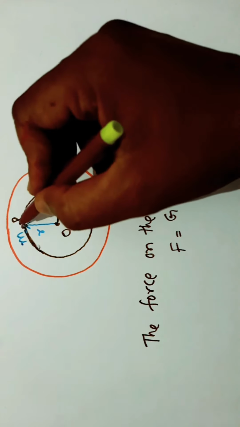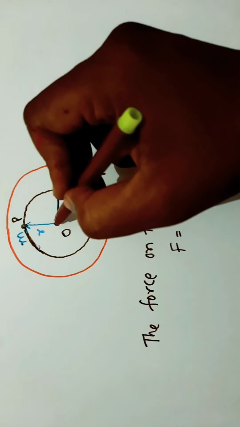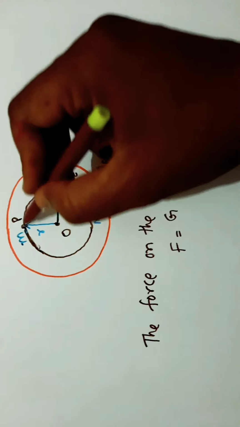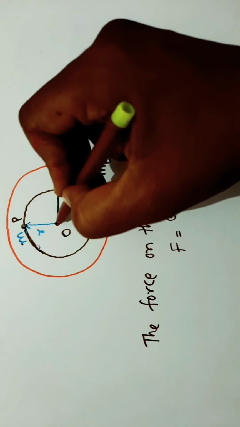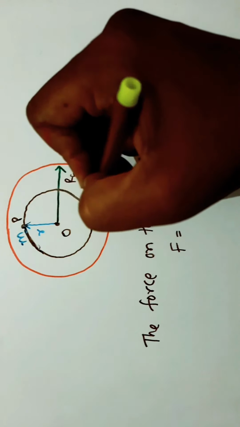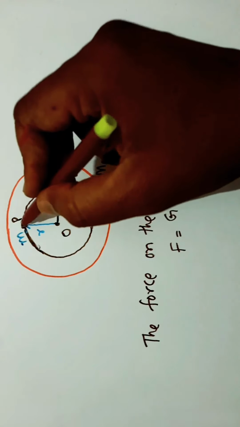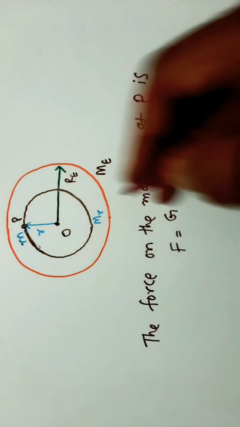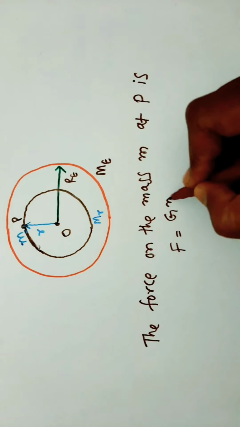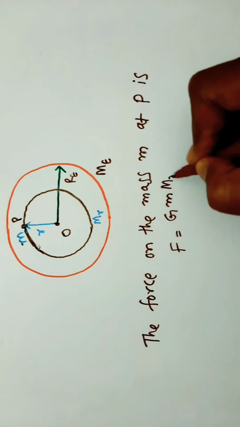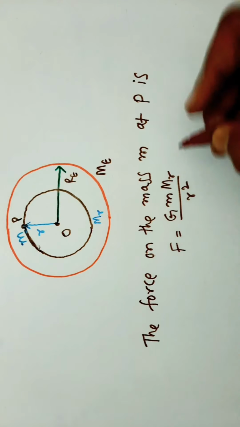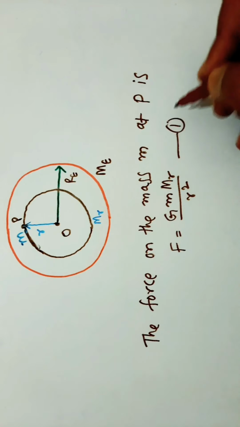Here M1 is equal to small m. The entire mass of the sphere is concentrated at the center. So M2 is Mr and the distance between the two masses is r. So that is F equals G m Mr by r square. Let us take this as equation 1.